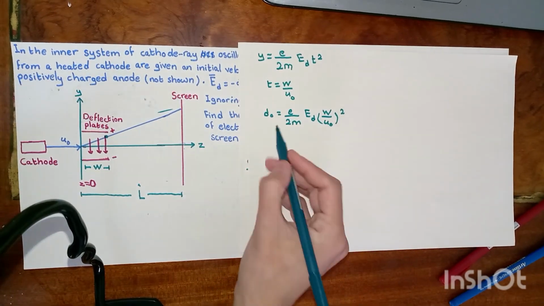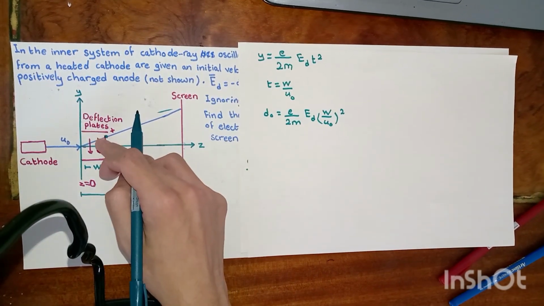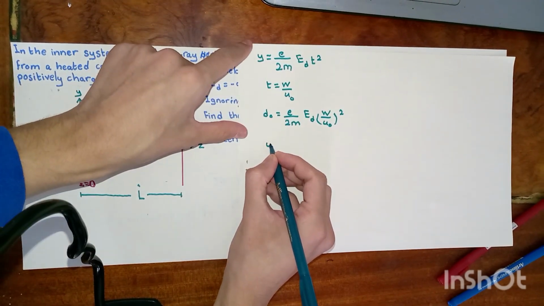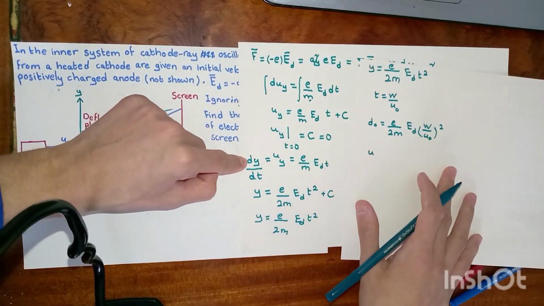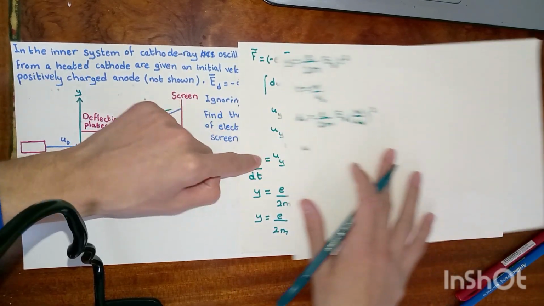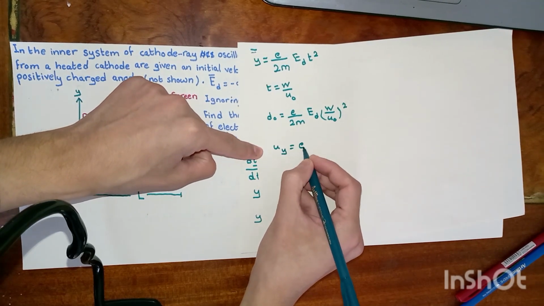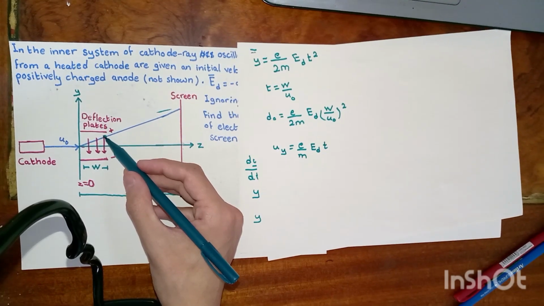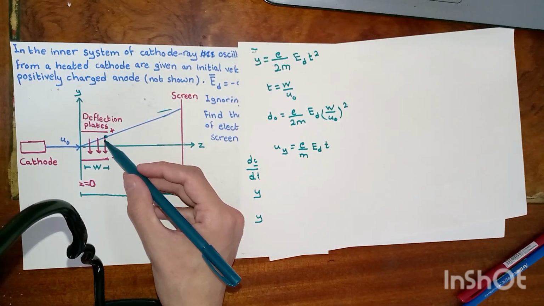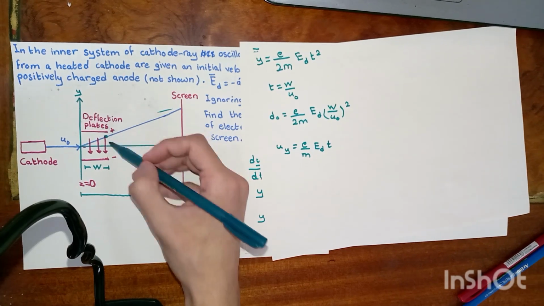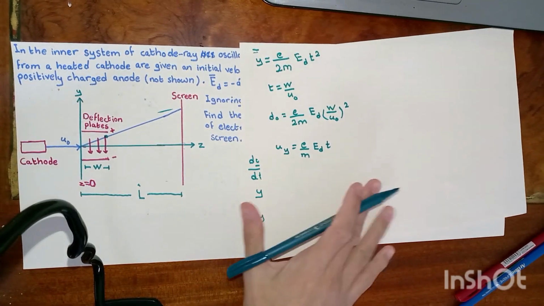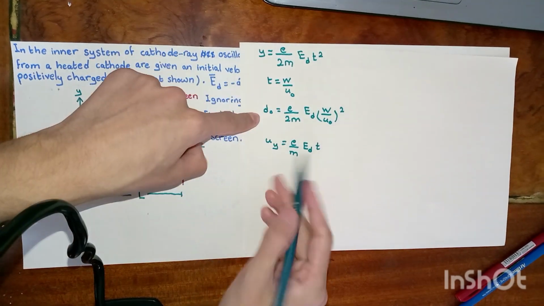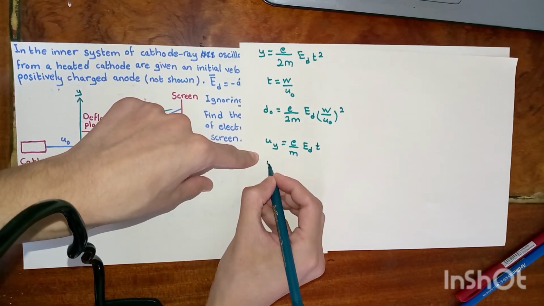So as we calculated before, the velocity when electrons were moving between the deflection plates with respect to y was equal to OE over m times ED times t. And when electrons reach this region, it will start to move with constant velocity with respect to the vertical axis. So substitute t with w over u sub 0.